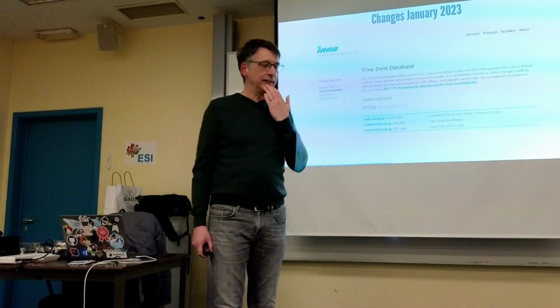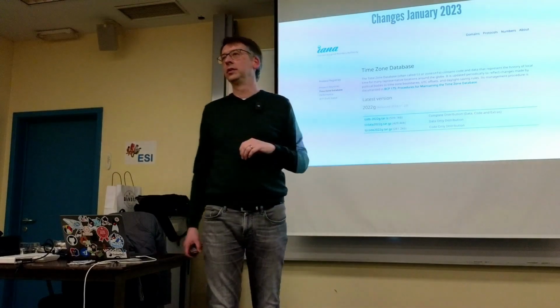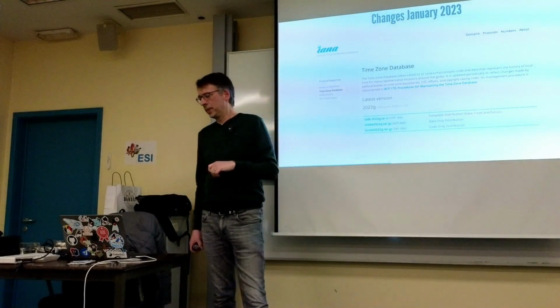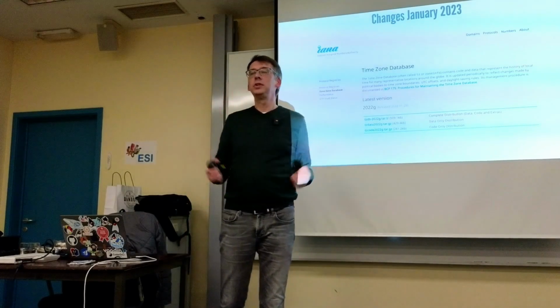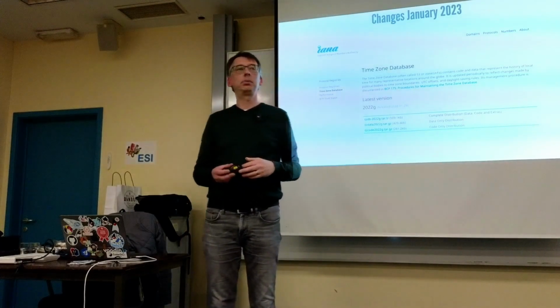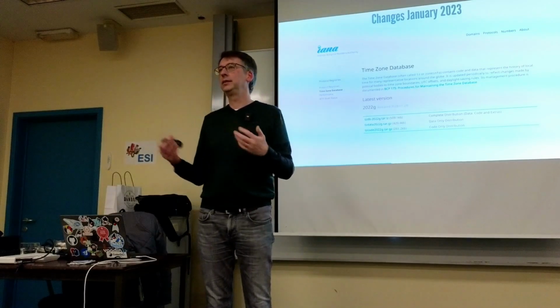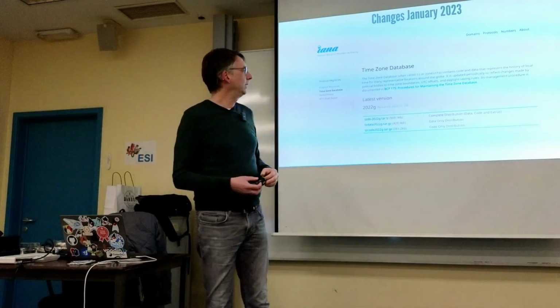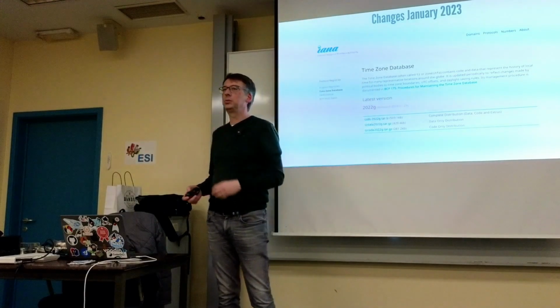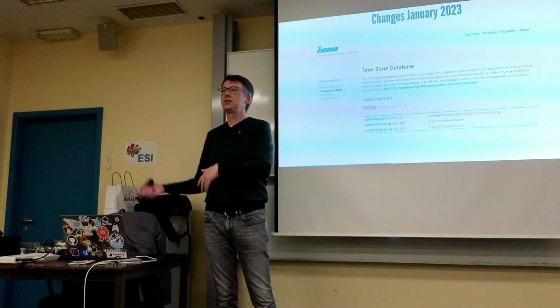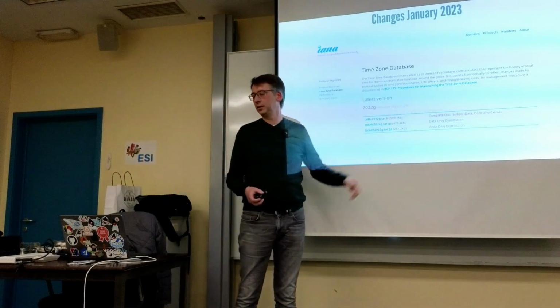Actually, there is the IANA project, IANA.org, I think, an open source community project where they keep a list of all the time zone and related data. All the changes which happen in this project get ported to the OpenJDK project. So everything which is changed in OpenJDK is based on this.